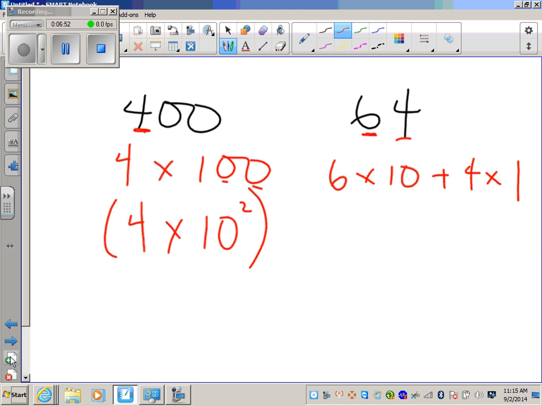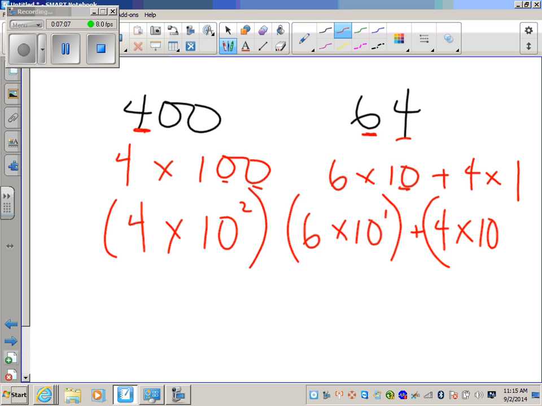Right, 4. Using powers of 10, what does that look like? 6 times 10 to the, how many zeros? 1, plus 4 times 10 to the, how many zeros after that 1? 0.